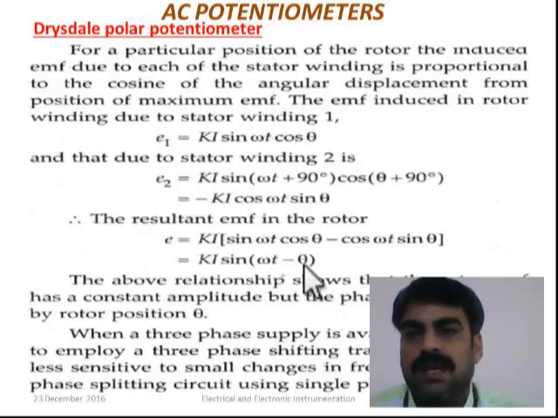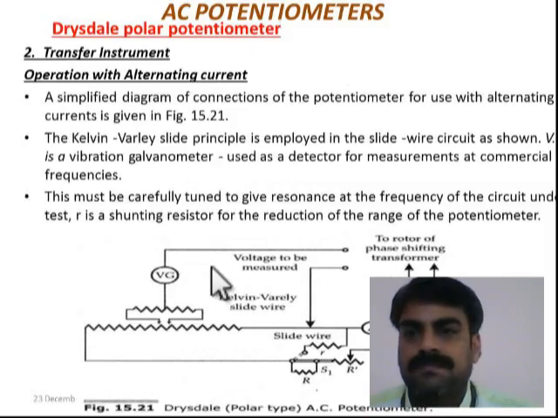So we can say that the induced EMF in a rotor is variable only with change in the angle of the rotor drum. It is constant with respect to magnitude. This is how we are able to measure the phase angle of an unknown EMF.